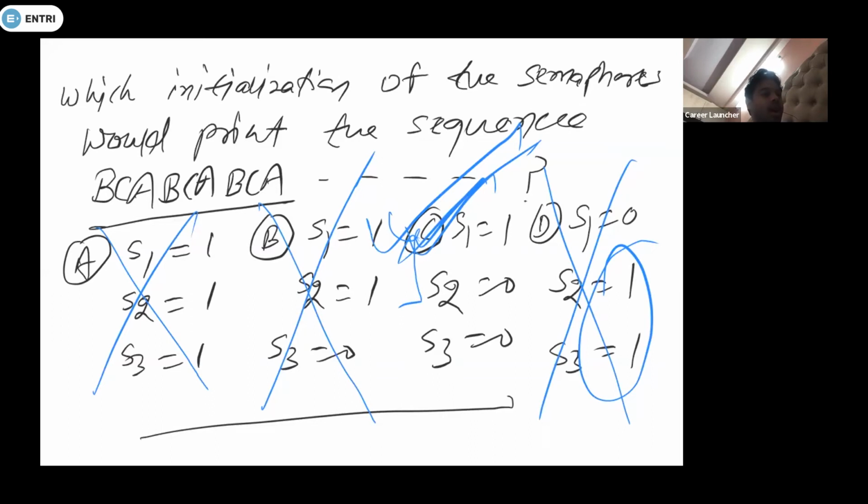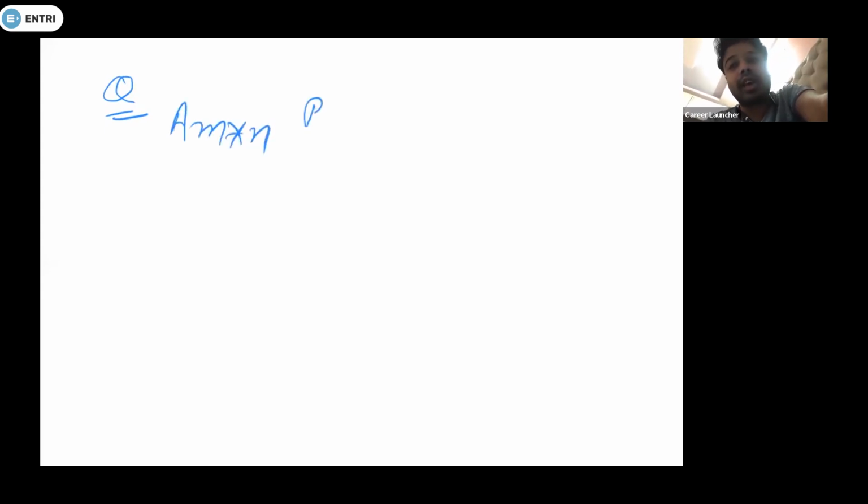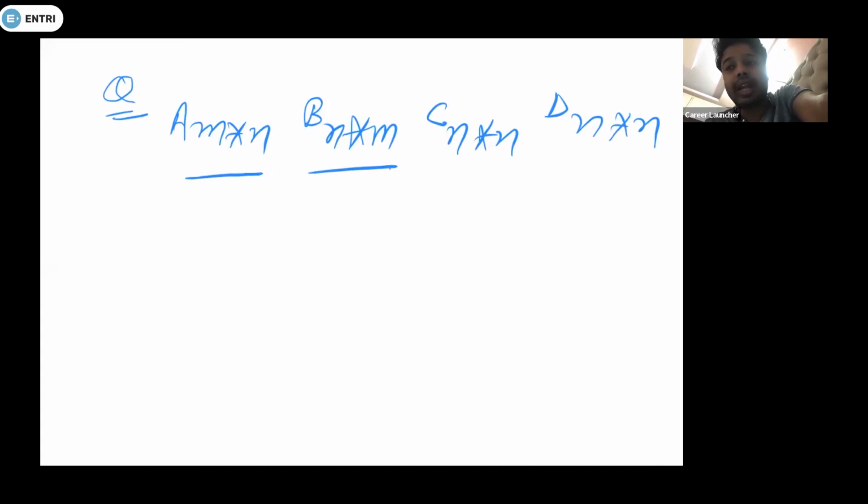Now the next one. Consider the two statements with respect to matrices: A is m by n, B is n by m, C is n by n, and D is n by n.